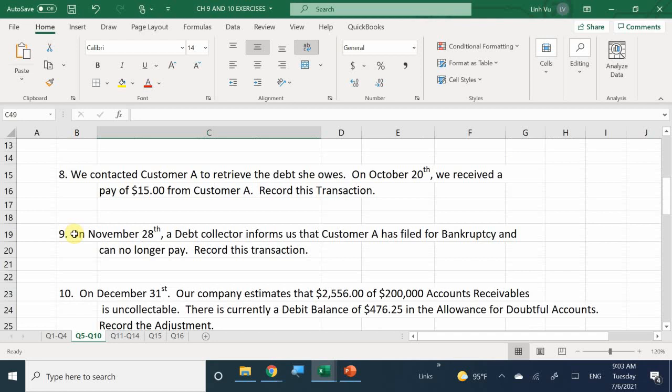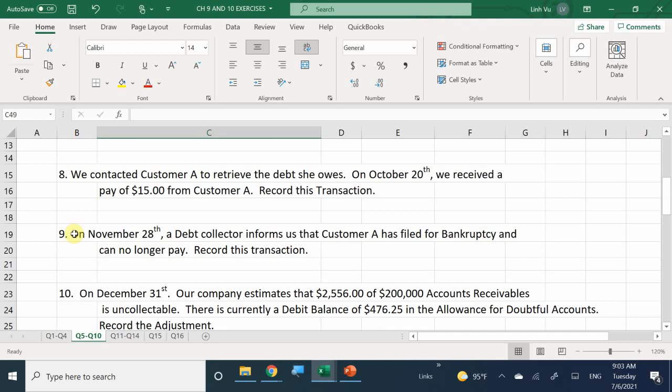All right, so let's go ahead and see what happened for question number 9. On November 28th, a debt collector informs you that customer A has filed for bankruptcy, and that they can no longer pay you back. So in this case, filing for bankruptcy means more likely that they're never going to pay you back.